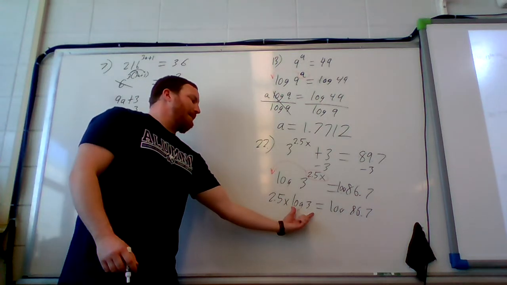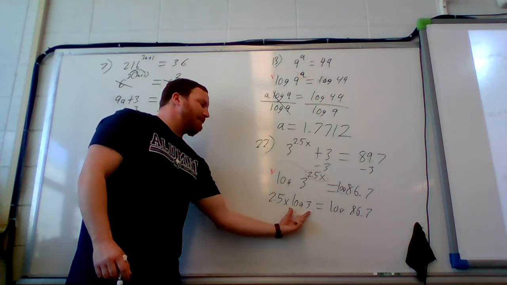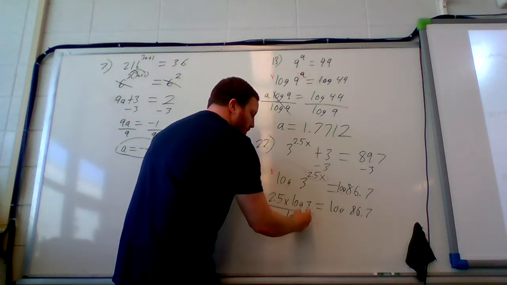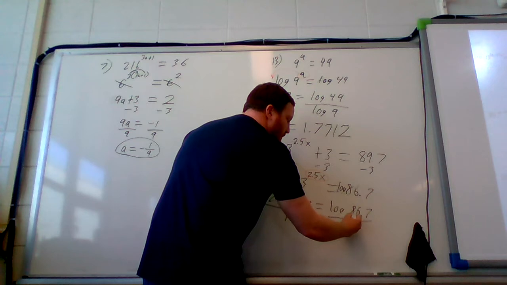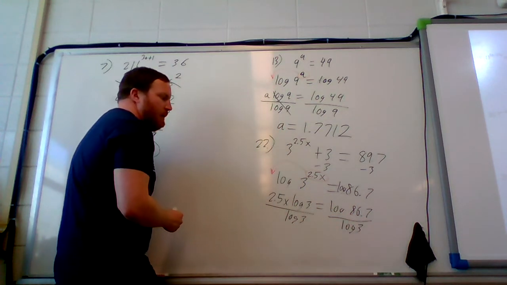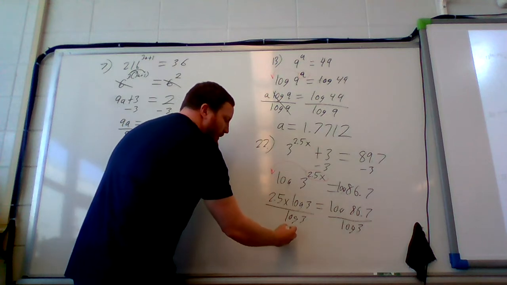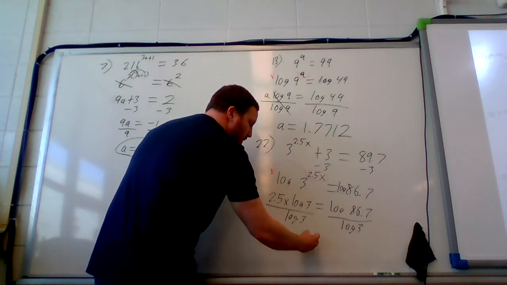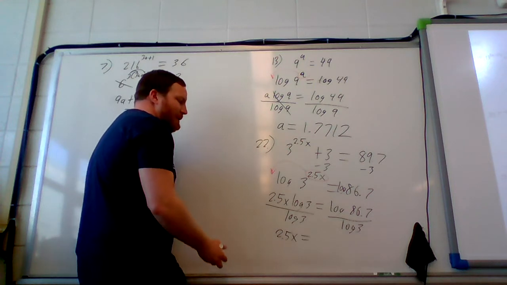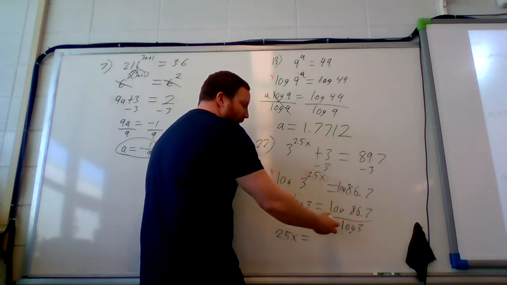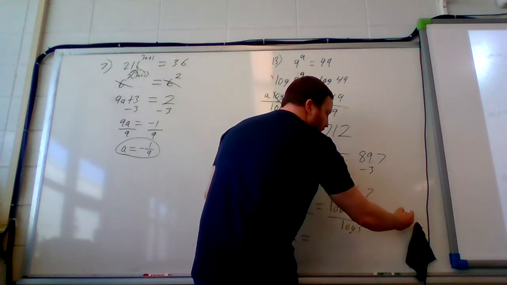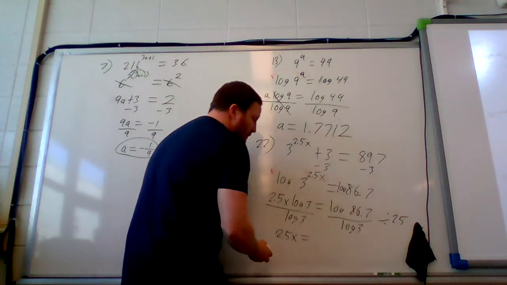In that second step, or third step, I guess in this case, divide by that log 3. So that's going to get us 2.5x equals this log 86.7 divided by log of 3. And we're going to divide that value by that 2.5. Whatever we get from there.